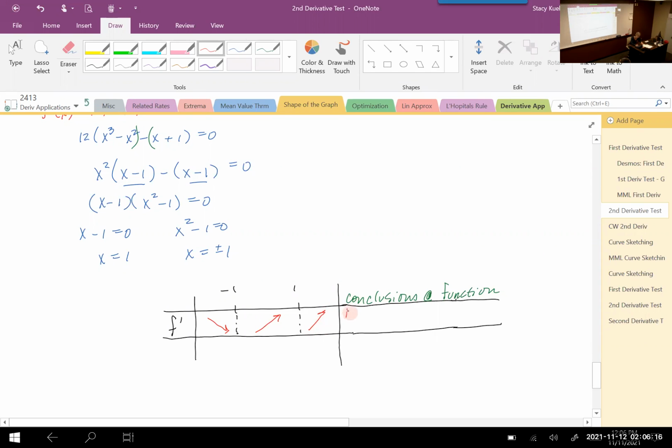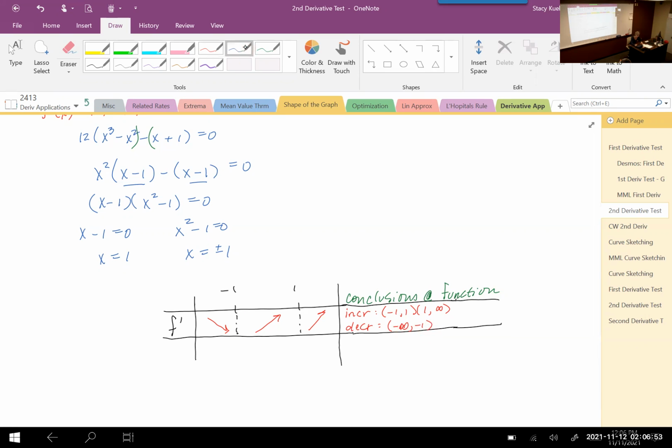So we are increasing on the interval from -1 to 1, and then again from 1 to infinity. We are decreasing on the interval where? Negative infinity to -1.